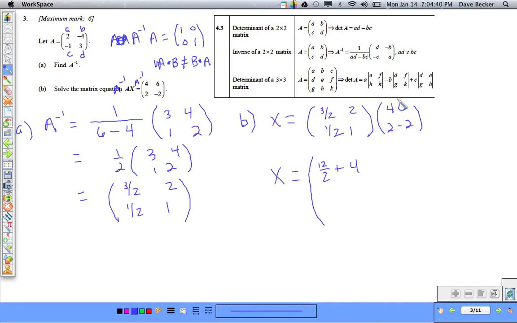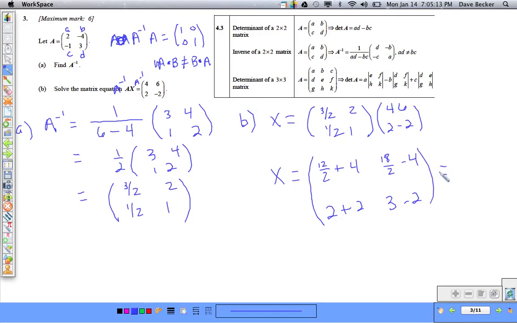Then row 1 times column 2 would be 3/2 times 6, so that's going to be 18 over 2. Let's see, 2 times negative 2, so that's going to be negative 4. And then I'll take row 2 times column 1. 1/2 times 4 is 2. 1 times 2 is 2, so 2 plus 2. And then row 2 times column 2, 1/2 times 6 is 3. 1 times negative 2 is negative 2, so 3 minus 2.